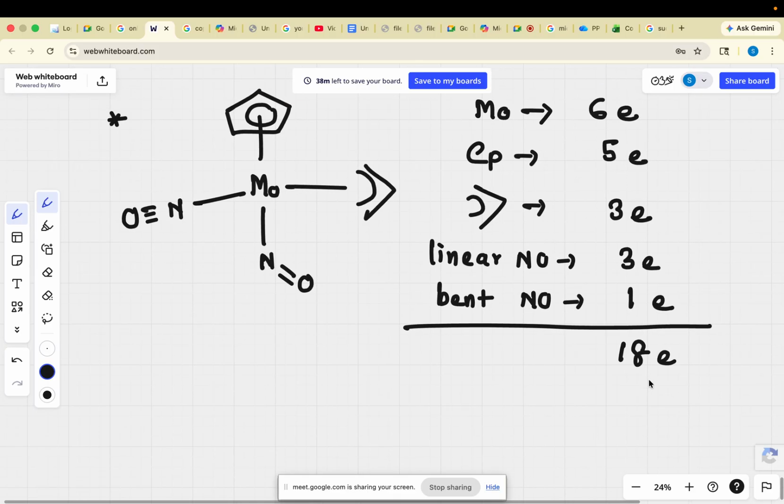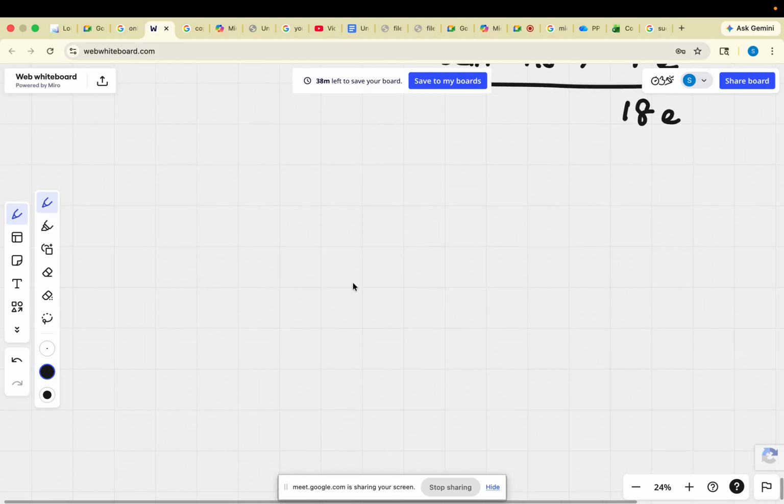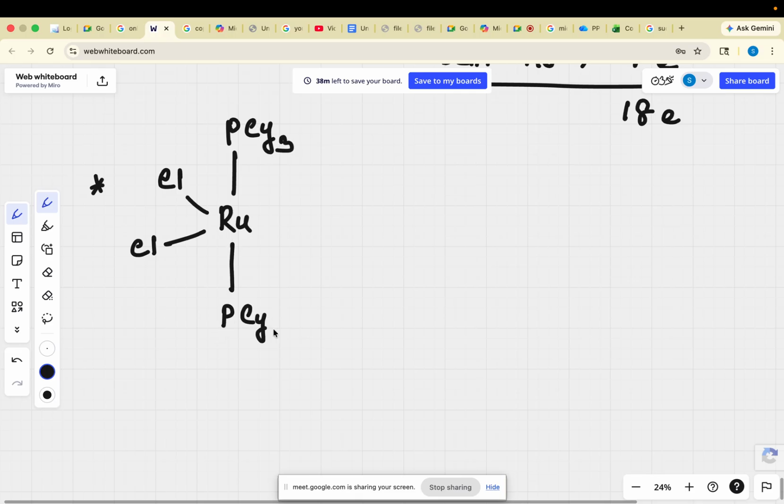Done. Now suppose you have chlorine, here you have ruthenium, here also chlorine, here you have PCy3, here also PCy3, and here you have a double bond to a hydrogen.